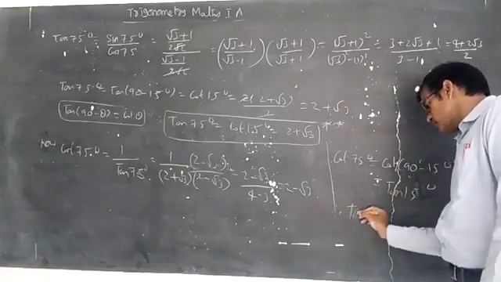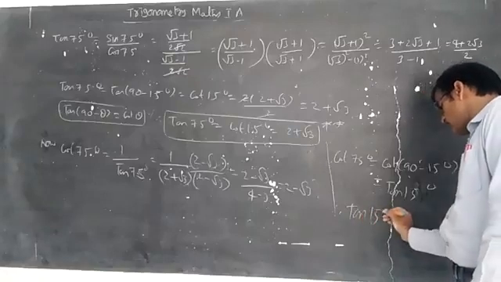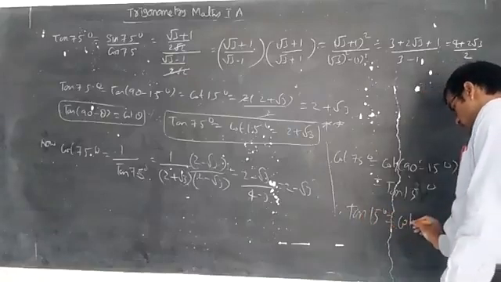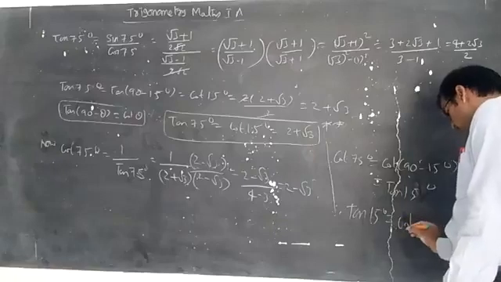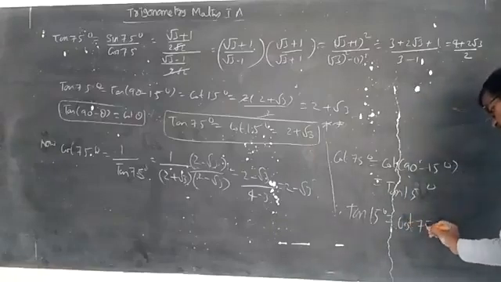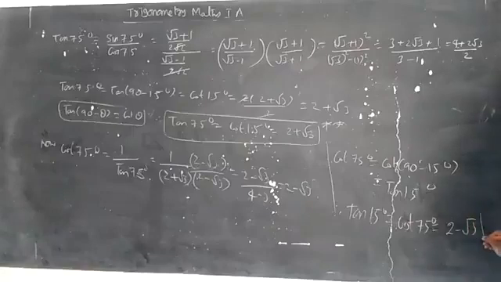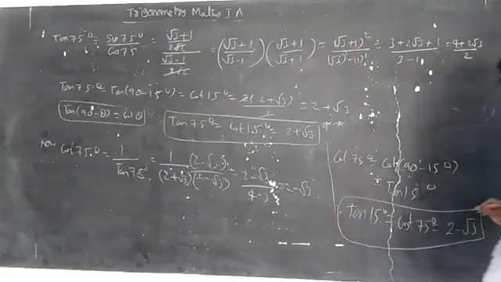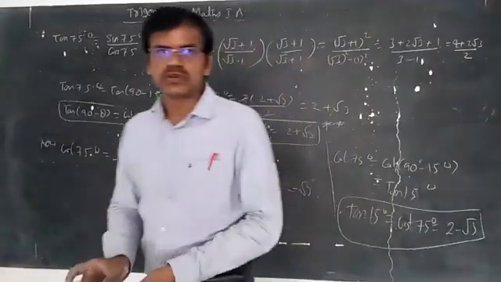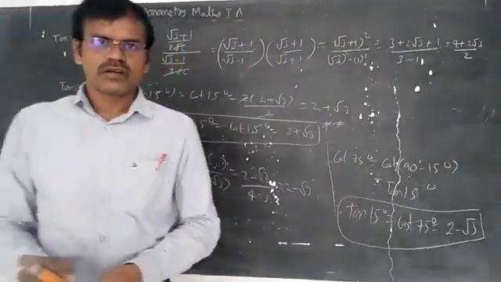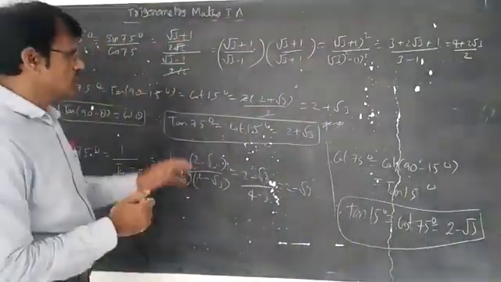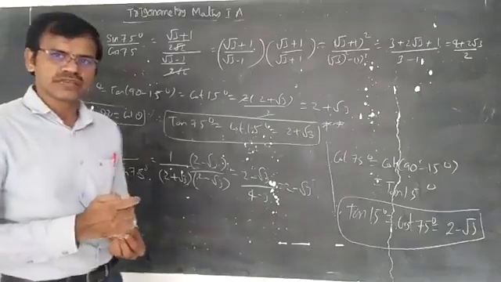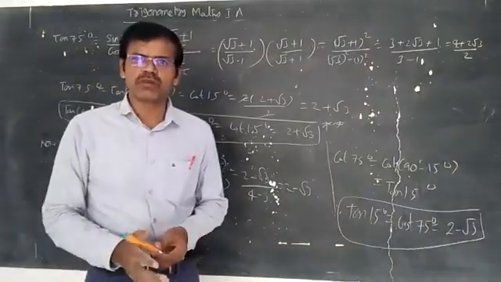Therefore, tan 15 degrees is equal to cot 75 degrees, which is equal to 2 minus root 3. This is also a most important formula. The values which you have learnt are most important values. You should remember them as formulas and you need to remember the values.